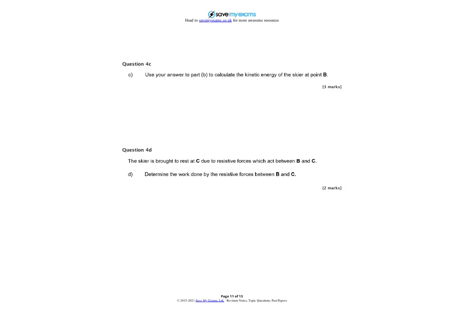Question 4c. Use your answer to part B to calculate the kinetic energy of the skier at point B. So our kinetic energy at point B is going to be found by the gravitational potential energy that he lost from A to B, but we've got to take away the work done due to friction. Often we presume there's no friction and we say that the kinetic energy is just going to be the gravitational potential energy, but this question has specifically told us how much friction there is because we've just worked it out.